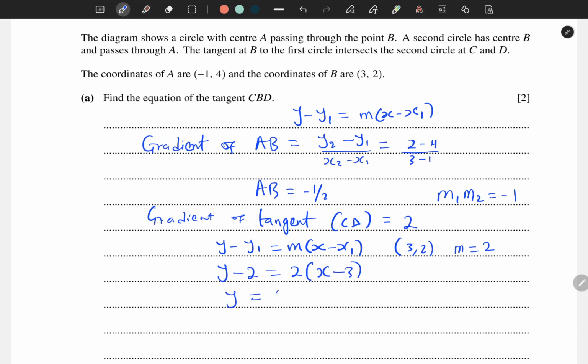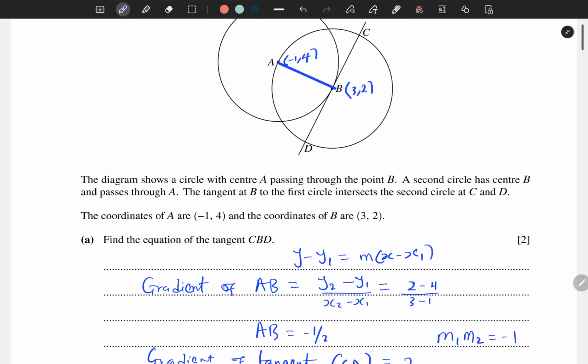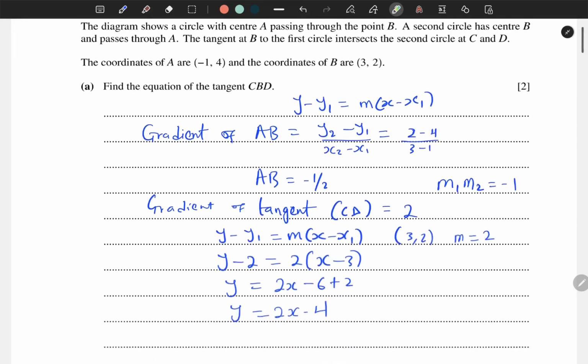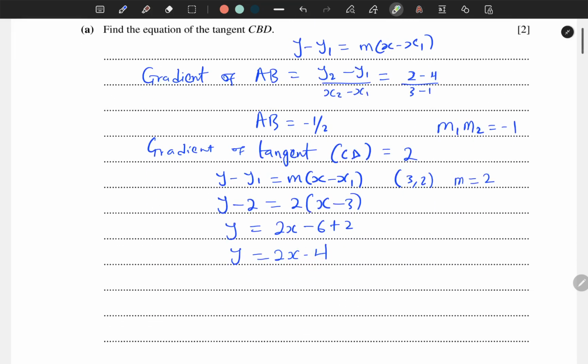So this is y equals 2x minus 6 plus 2, and we finally obtain y equals 2x minus 4. That is the equation of the tangent to the circle centered at A. So the equation of CD is y equals 2x minus 4.